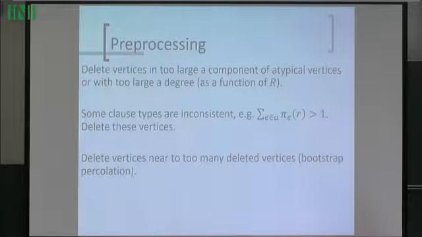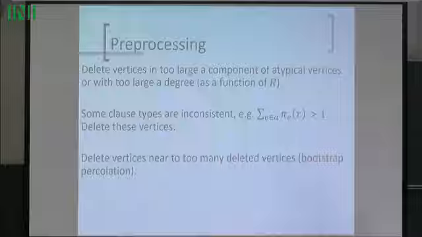And then sometimes clauses or variables are near lots of things that have been deleted, so we delete those too, in a bootstrap percolation kind of argument. Because if you deleted too many variables in a neighborhood of a variable, it could change the distribution too much, and that could be bad.